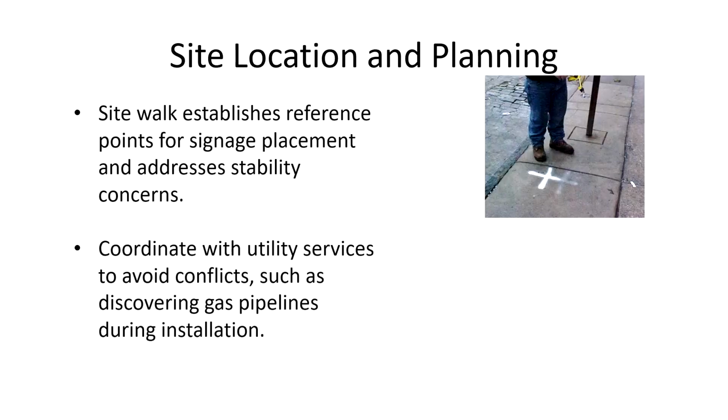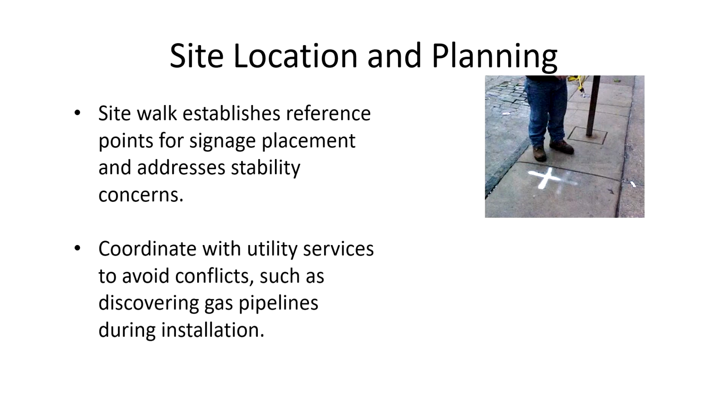So, if it works fine and does not get corroded, then we might recommend the same material for our new project or for the next wing of the same project. Now, let us go on to the site location and planning.